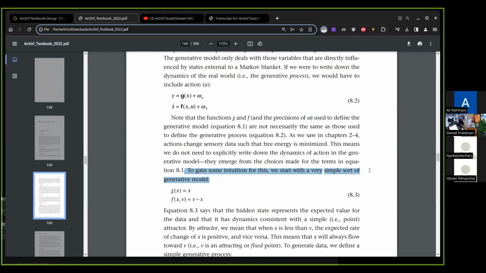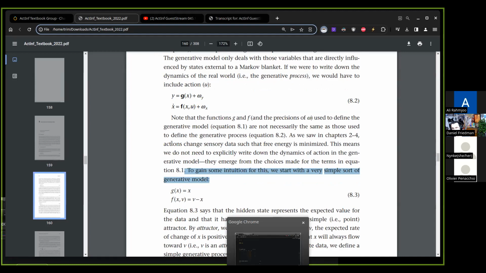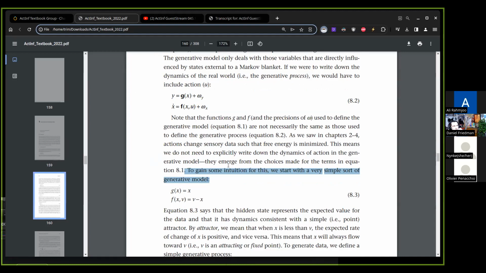There was a debate on Twitter a couple of days ago about whether or not FEP can be applied to inert objects such as rocks, which is one of the debates that's been going on for a long time now. But theoretically, it can be applied to any kind of object, even to an inert rock.